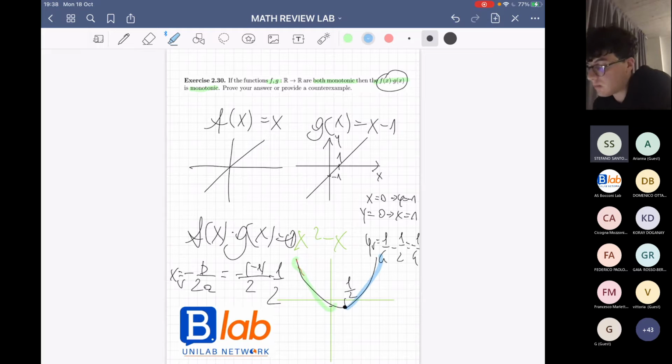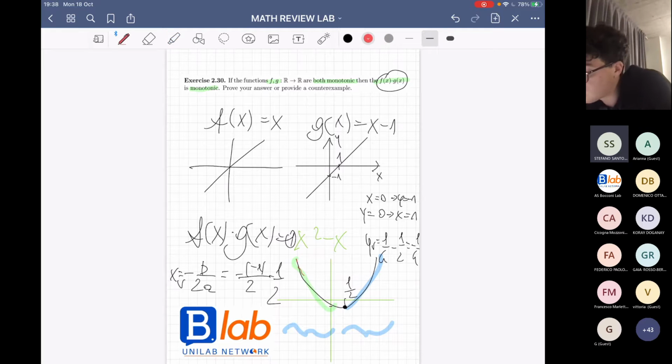So it's impossible for the function to be monotonic. Maybe it can be monotonic only in this range and in this range, because here it's always decreasing, here it's always increasing. But the exercise asks for a theorem, so it should be valid for every function.